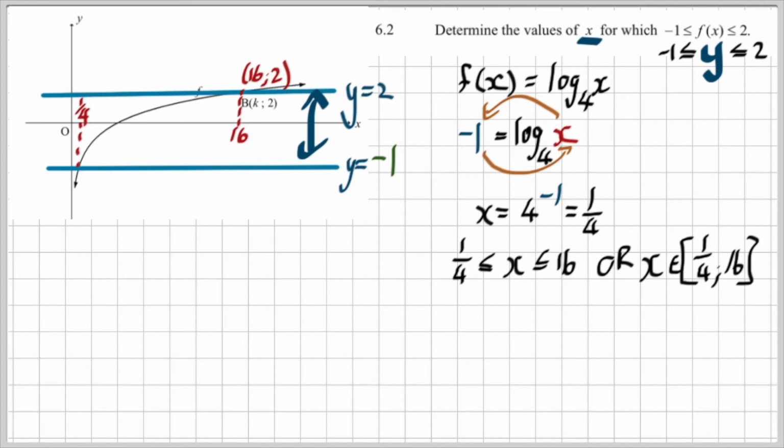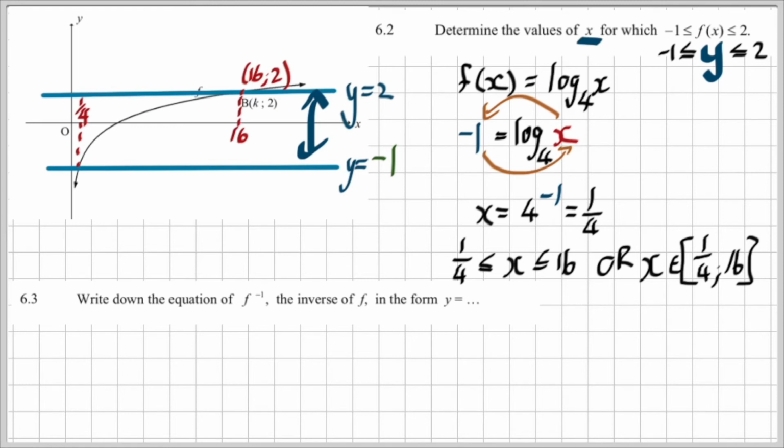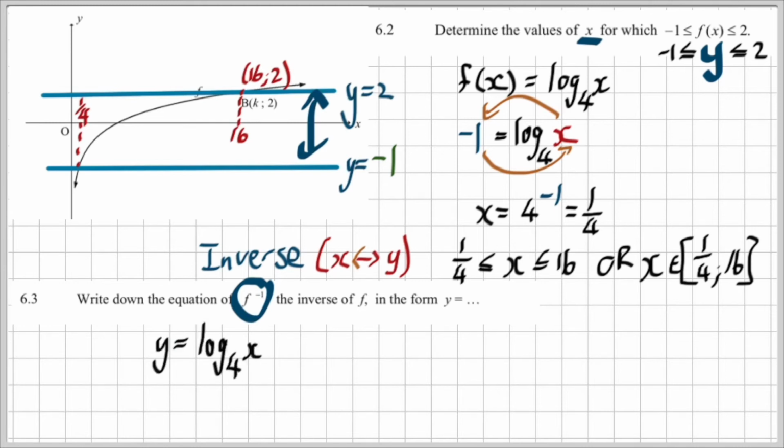Now question 6.3 says, write down the equation of f to the negative 1. So what is f to the negative 1? Well, that's the inverse, and it's written there in black and white, but I want to highlight that for you. So in other words, x becomes y and y becomes x. So let's do that swapperoonies and swap your x and your y.